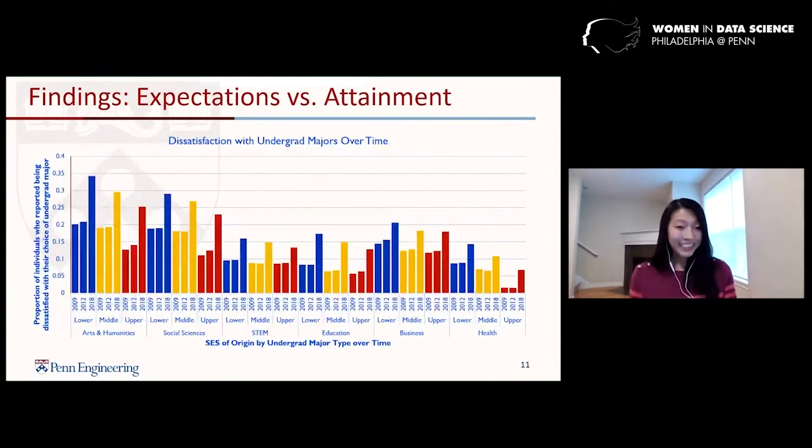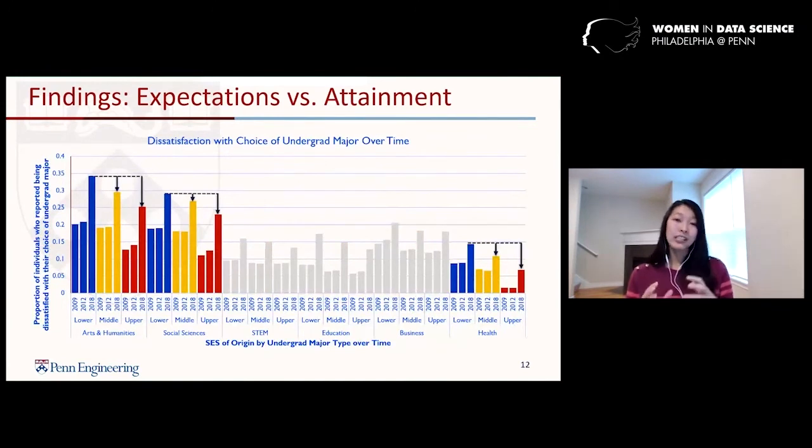So first off, regardless of the major that you picked, 10 years down the line, everyone was dissatisfied with their choice of undergrad major. But another thing to note is that particularly for those who majored in arts and humanities, social sciences, and health, we can see that that discrepancy is there again, that those from upper class are much more satisfied with their choice of undergrad major compared to that of middle and again to that of lower.